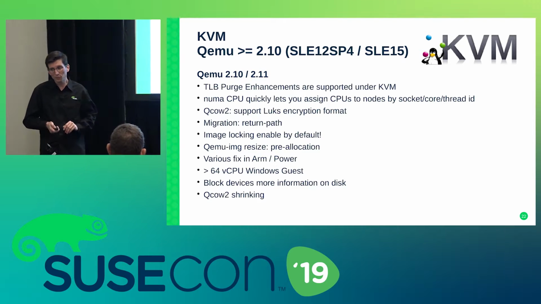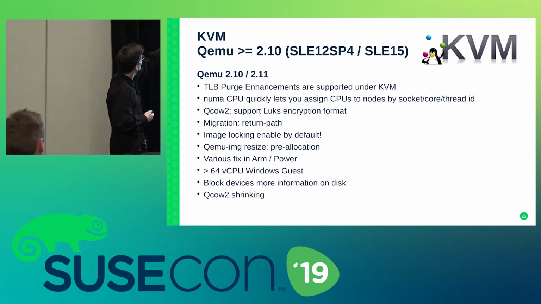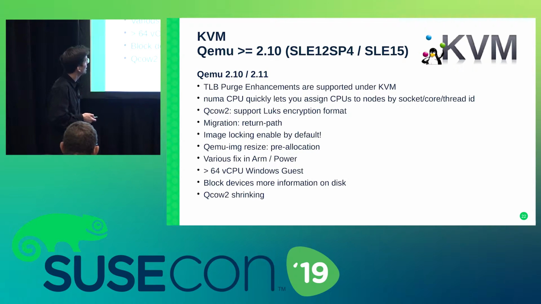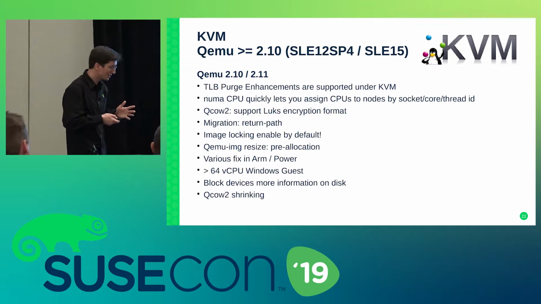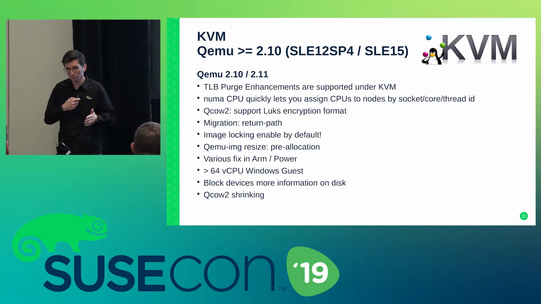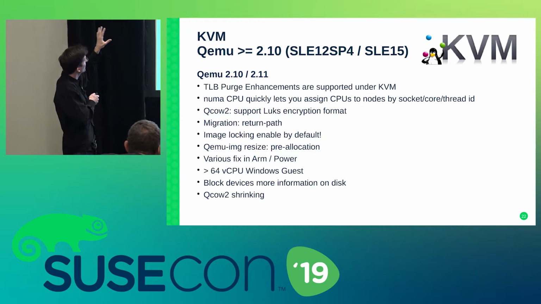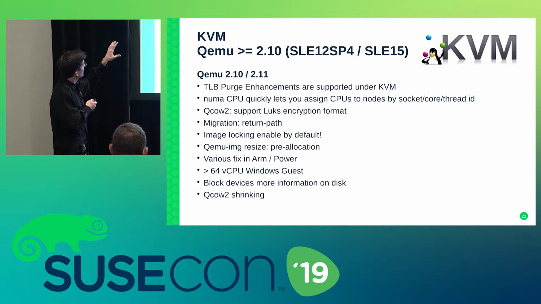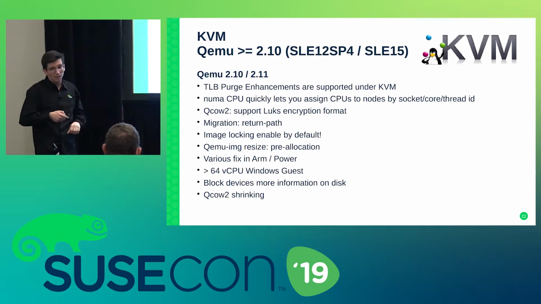And if you can provide a new way to do translation lookaside buffer, which means that you have a VM guest under pressure, if you improve TLB, you will improve the performance. So there is a lot of work on this. There is also a new way of exposing NUMA CPU for the guest.